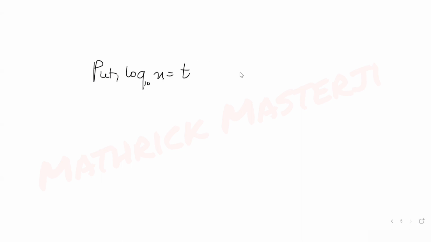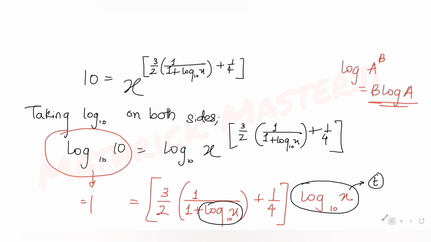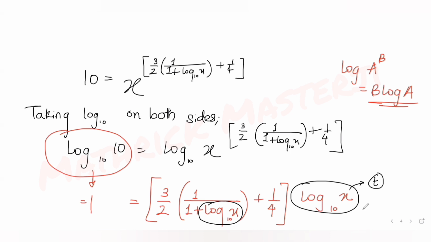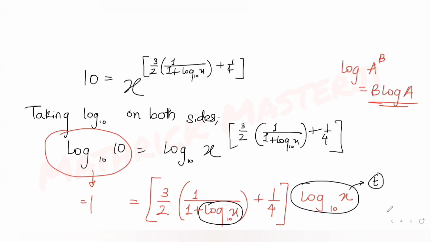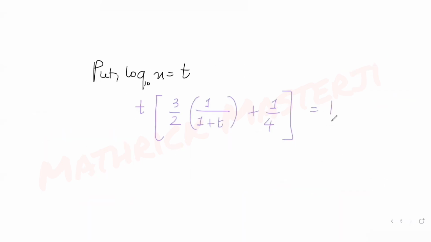So what I get from this equation here is t into 3 by 2, 1 over 1 plus t, plus 1 by 4, that is equal to 1. So if I multiply throughout, if I want to have the same denominator for this expression, first let's make the denominator as 4 into 1 plus t.